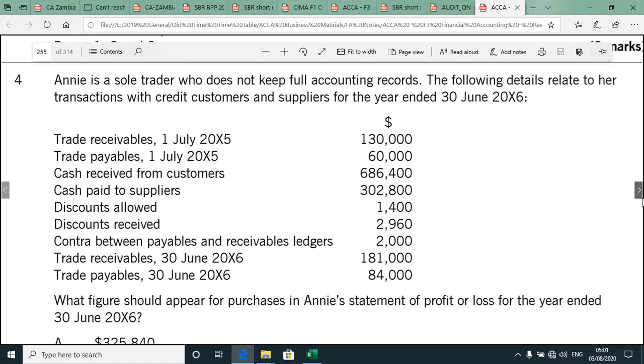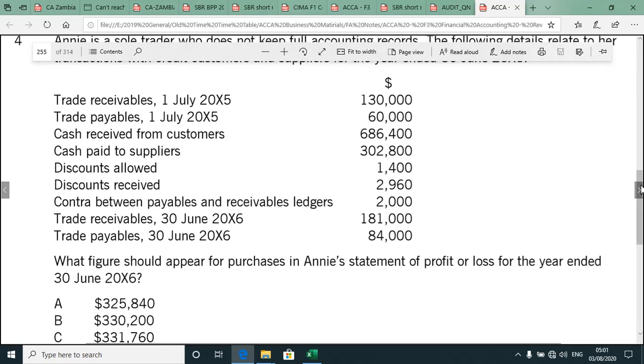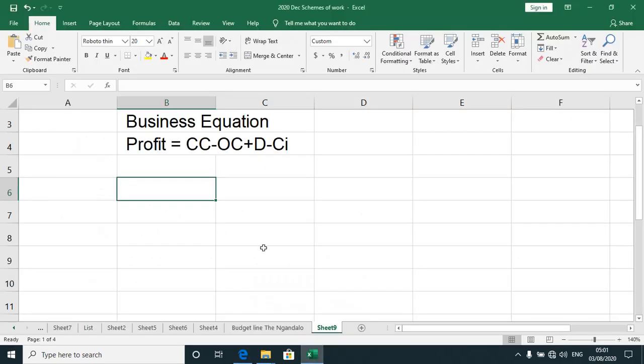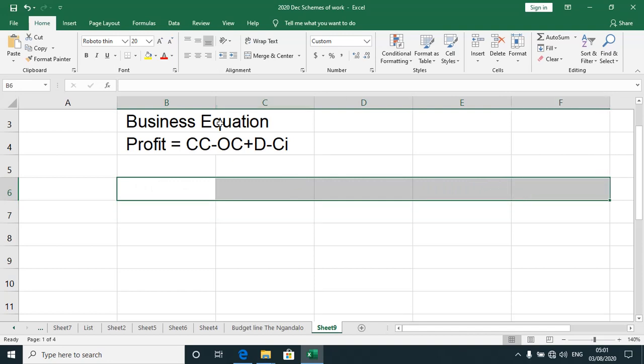What figure should appear for purchases in Anne's statement of profit or loss for the year ended 30th June X6? So you might as well run with a T account. We are supposed to ensure that we do the correct thing here.